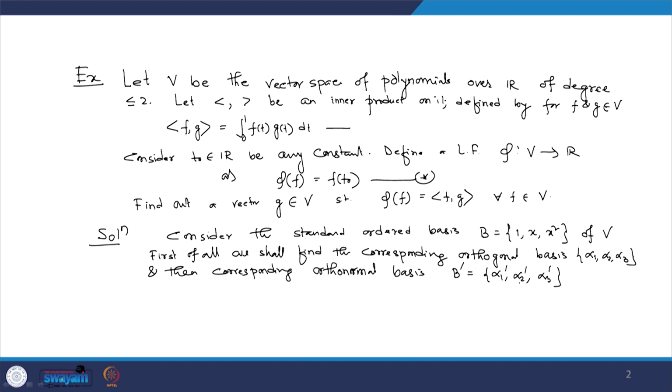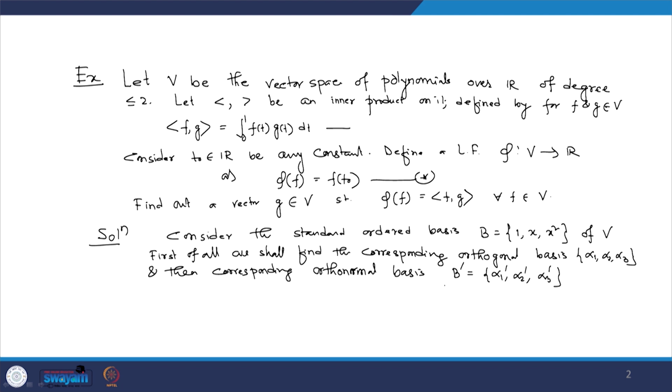So, the first objective will be to find b prime. To find the orthogonal basis, we have to use the Gram-Schmidt orthogonalization procedure, and once the orthogonal vectors are obtained, dividing by the magnitude of the vectors will give us the orthonormal basis.